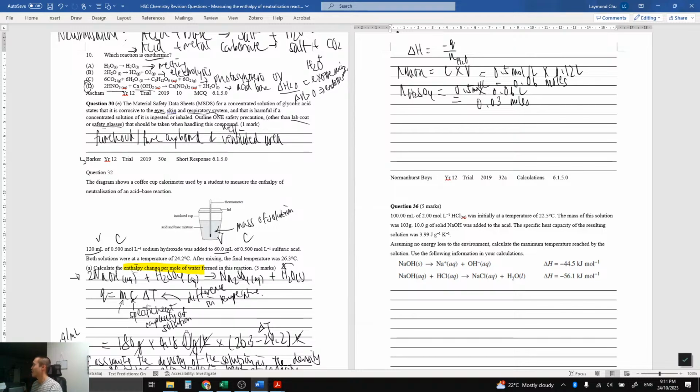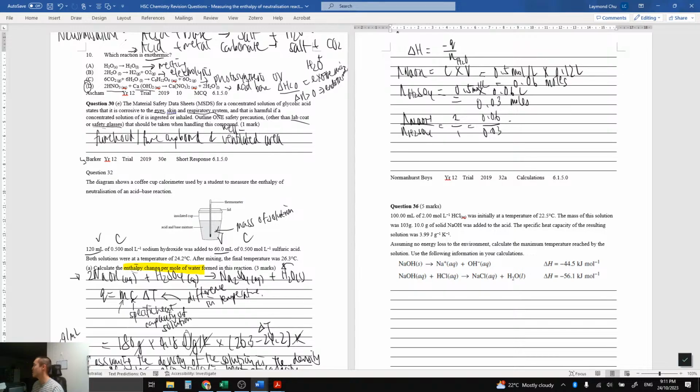So how do I show that? We can do our lovely molar ratio conversion. Based on the stoichiometric ratio, we have 2 to 1. Now, what are our moles? We've got 0.06 to 0.03.